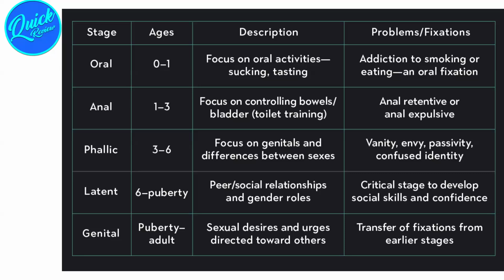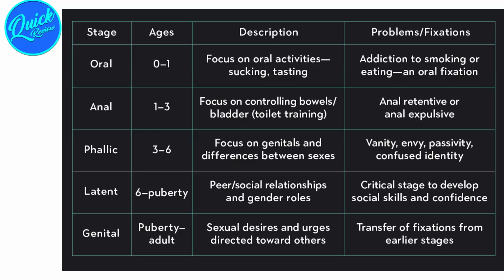The fixation that we create during this stage is, if the oral desire, the desire of sucking, is not fulfilled during this stage, it may create a fixation of smoking. In later life, when the child has grown up as an adult, he may be addicted to smoking or chewing something, as in chewing gum. That is an oral fixation.